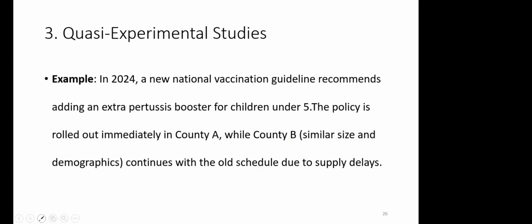Yeah, so that's basically it for non-interventional studies.